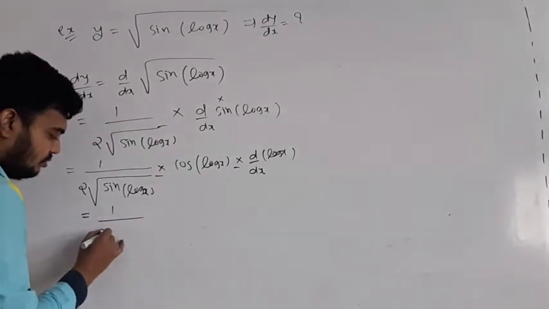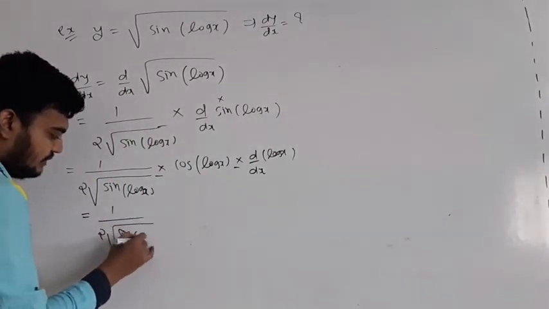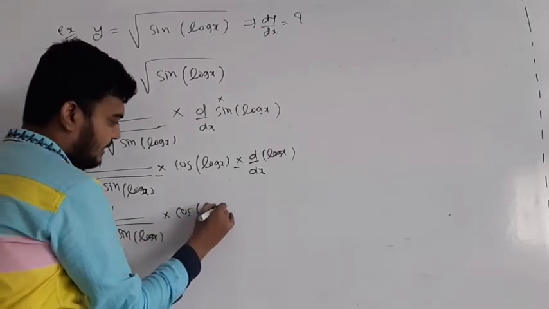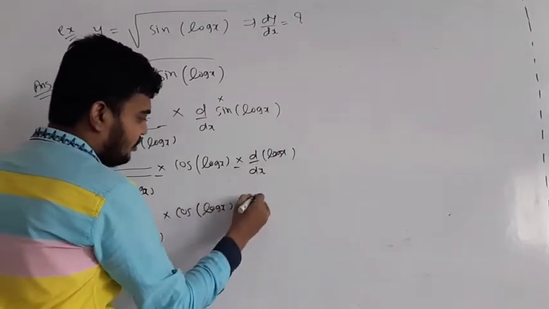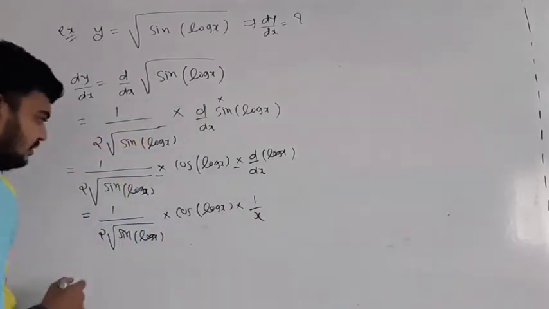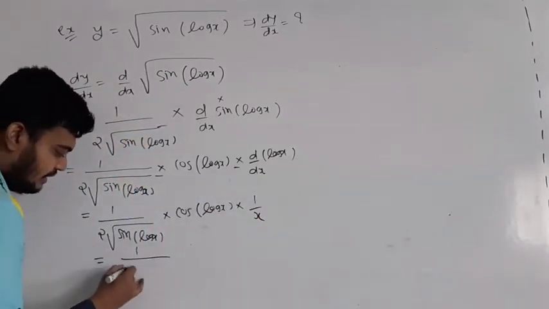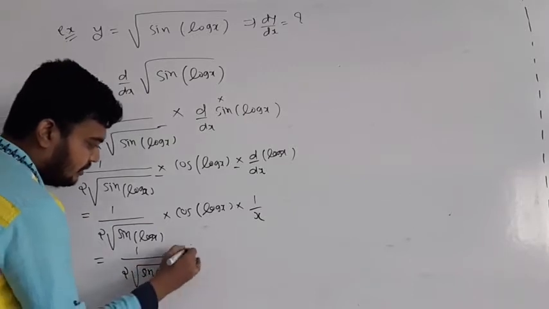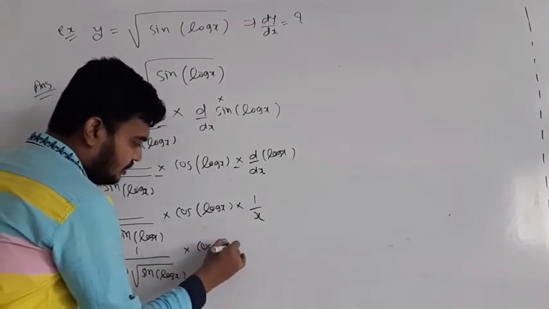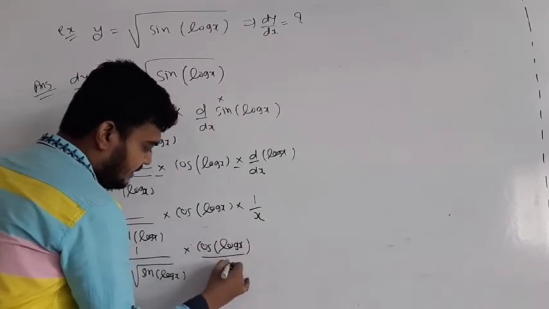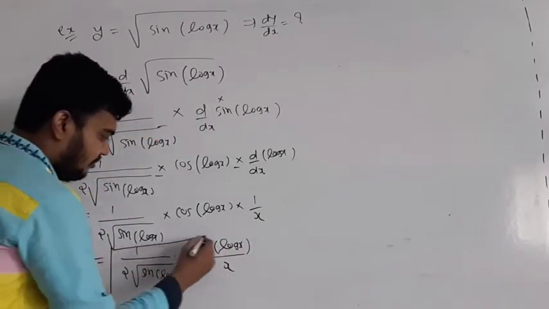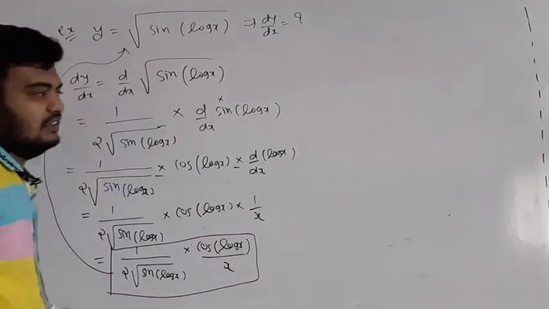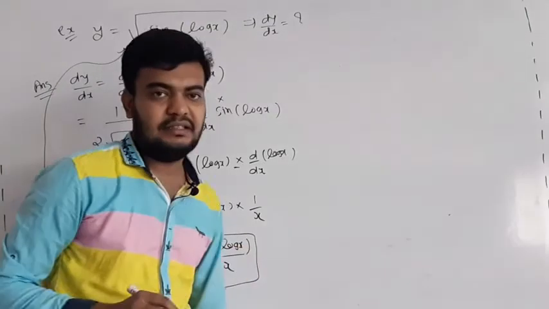Then 1 by 2 under root sine of log x cross cos of log x cross d by dx of log x is 1 by x. Okay, so final answer is 1 by 2 under root sine of log x cross cos of log x divided by x. It is the final answer of this question. Okay beta, now taking next example.